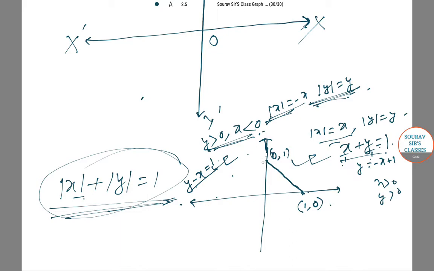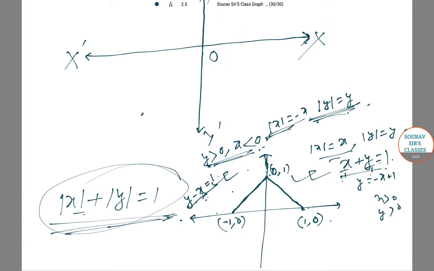So the curve touches the x-axis at minus 1, 0 and the y-axis at 0, 1. So this is the straight line. This point is minus 1, 0.